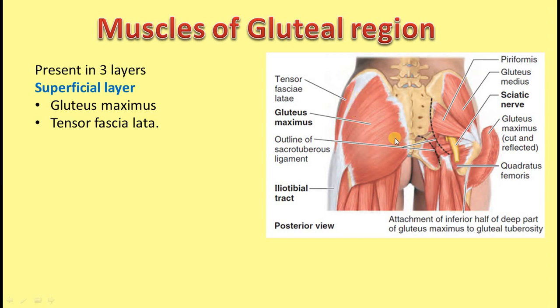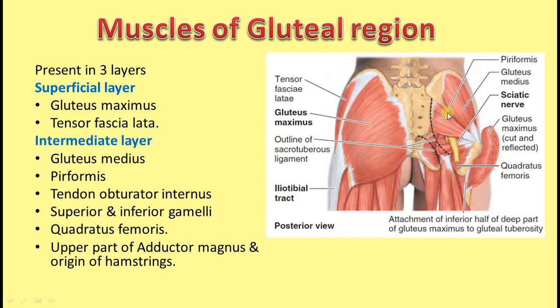Then deep to the gluteus maximus, if you reflect the gluteus maximus, you see the next, intermediate group of muscles: gluteus medius, and below the gluteus medius, you see the piriformis muscle.